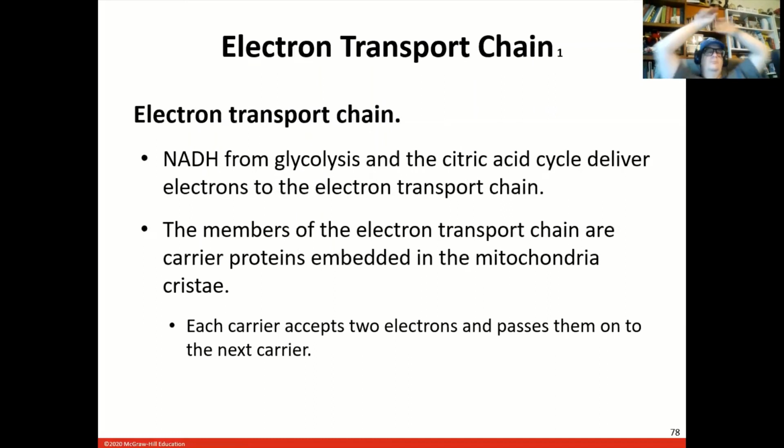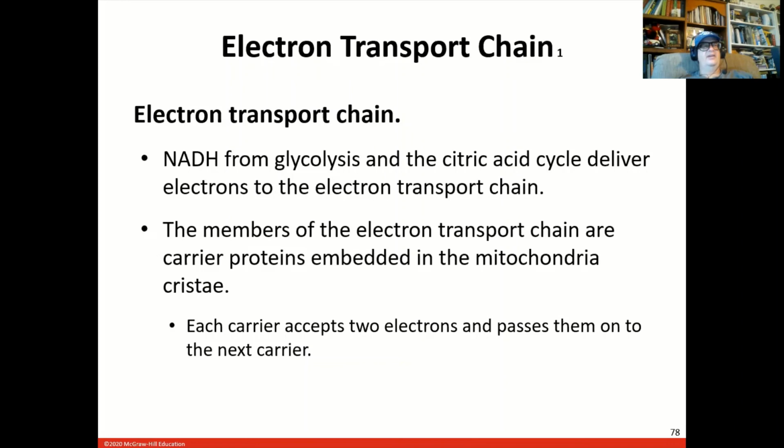All right, so electron transport chain is using the NADH and FADH2, even though it's not on here, but those compounds being made by glycolysis, being made by Krebs, or citric acid cycle, they're carrying electrons and hydrogens off to the electron transport chain.